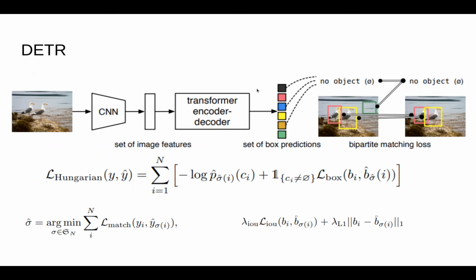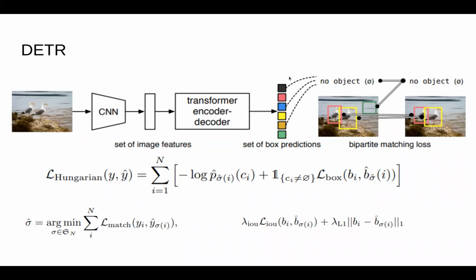And the way this works is, you have these birds, and the network effectively predicts a set of box predictions, which let's call N. In the original paper, there are 100. So no matter what you give as input, this network will output 100 predictions, right?